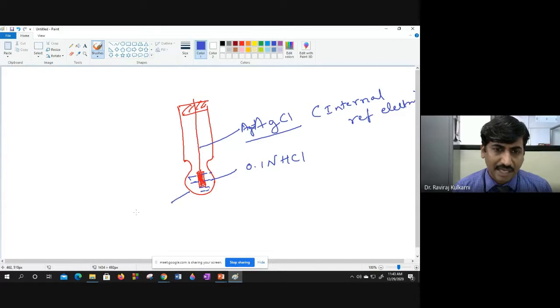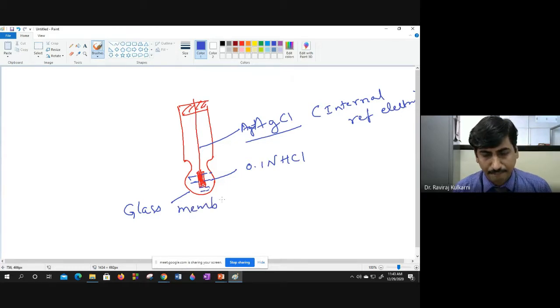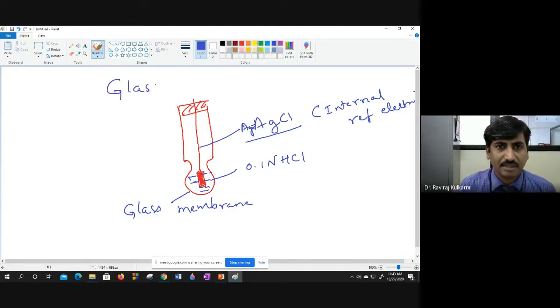This is the glass membrane. The construction of this glass electrode is very simple.